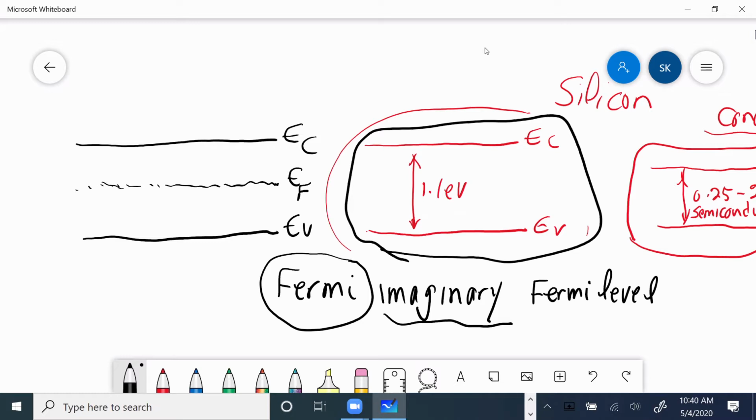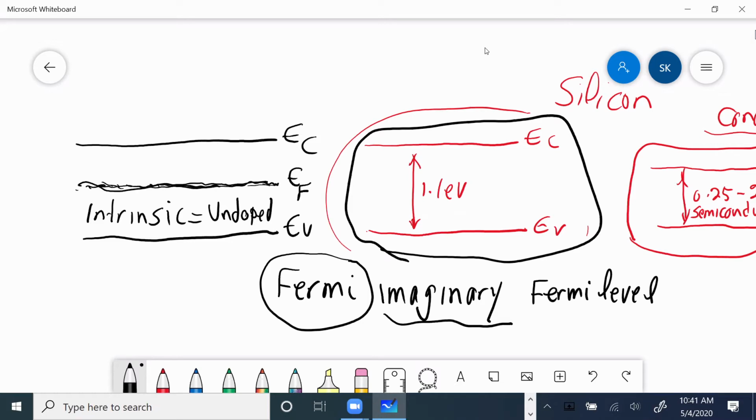He said, if this EF is in the middle of these two bands, that semiconductor is called an intrinsic semiconductor, which means undoped. He just really kind of quantified this semiconductor. He said, let's imagine there is an imaginary energy level.